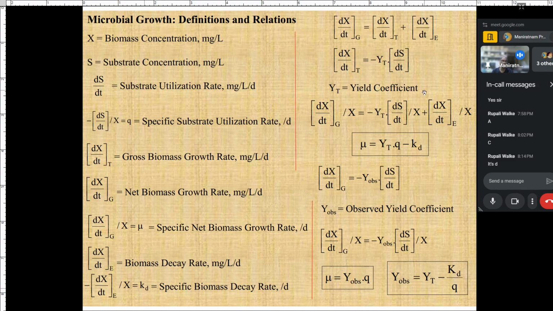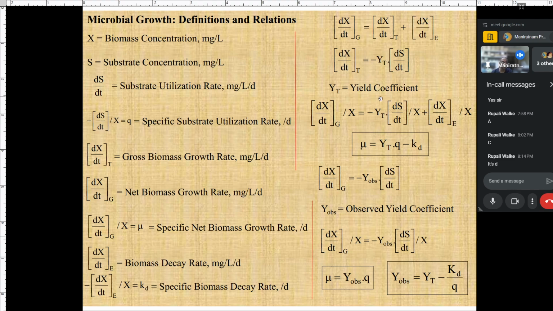Now if you look at the relationship between each term, we know that the net will be total plus this e, that is dX/dt. So dX/dt g will be dX/dt t plus dX/dt e, and similarly dX/dt t.